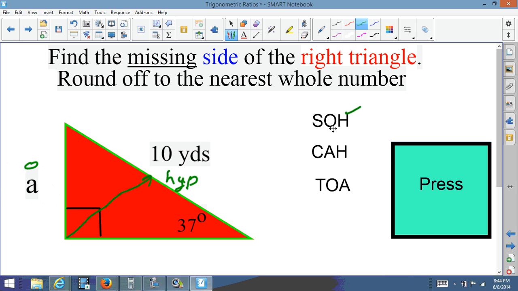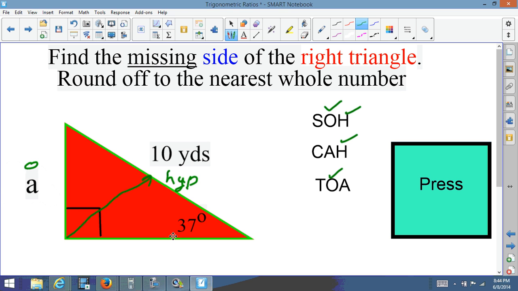Let me put a check there like we did before in the other video. And we have an opposite side, so let me put a check for the opposite. So we need two checks to determine which trigonometric ratio we're going to use. I see two checks for sine, only one check for cosine, because there is no adjacent.